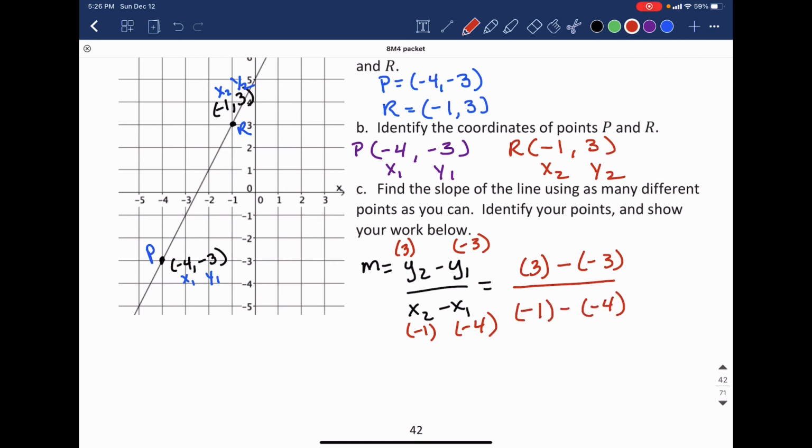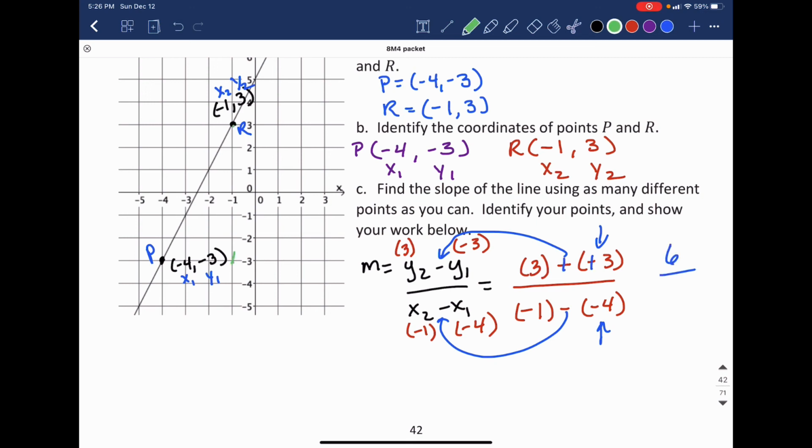Using the parentheses will help you make sure you don't have too many or too few negative signs. You'll see that this is a minus sign in the problem, and you're putting in a negative number. So 3 minus -3 is the same thing as 3 plus 3, so that's 6.